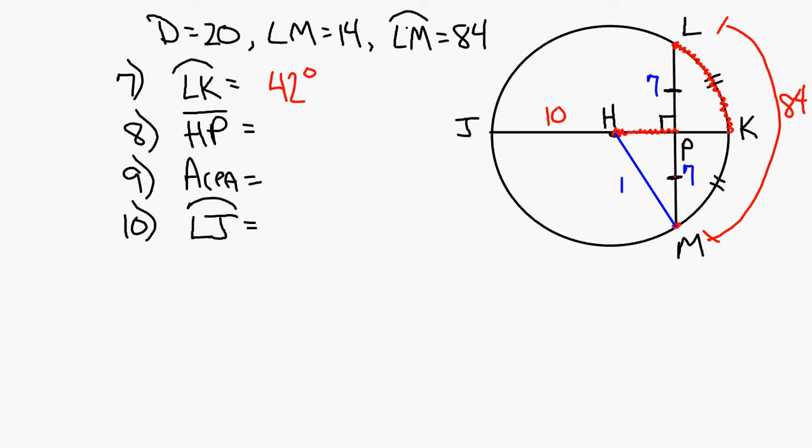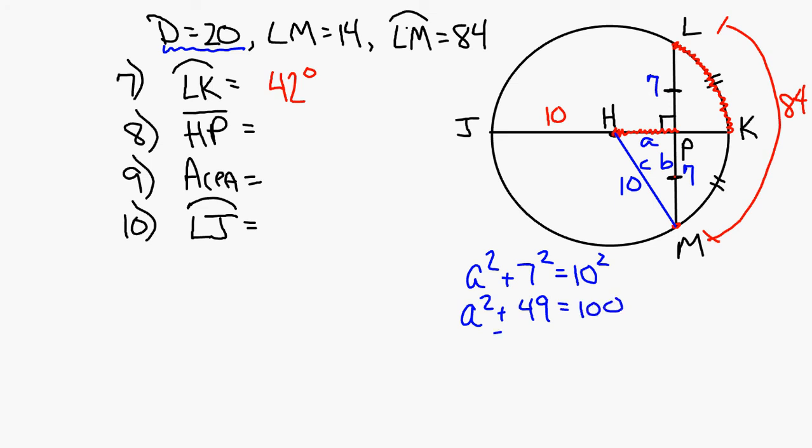So you're going to do the Pythagorean Theorem again. You got side A, you got side B, and side C. So A squared plus 7 squared equals 10 squared. So A squared plus 49 equals 100. And you can subtract 49 from each side.